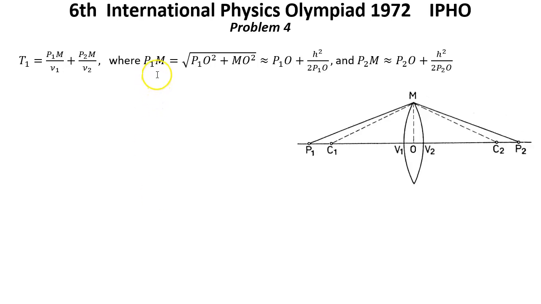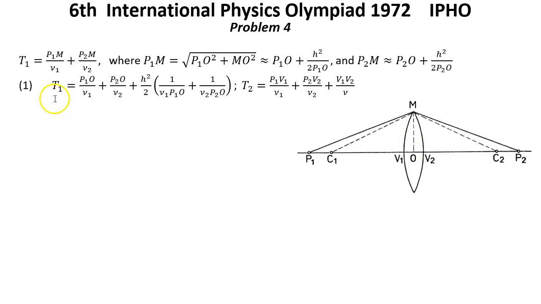So we have P1M equals the square root of P1O squared plus MO squared, which is approximately this expression, and the same thing for P2M, which is approximately this expression. This is because H equal OM is much smaller than P1O or P2O. So we have T1 approximately equal to this expression.